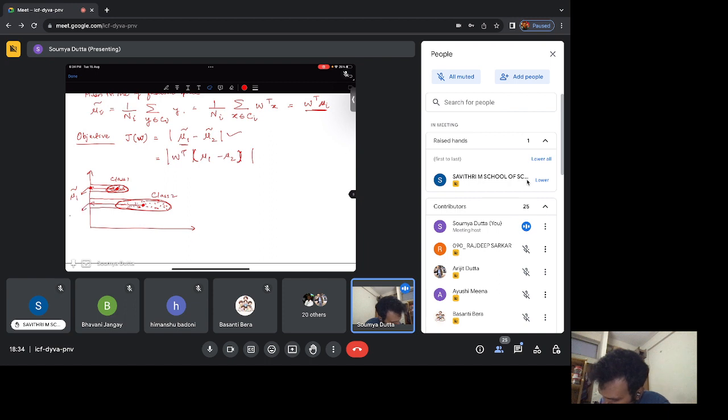So this becomes your mu2 bar. Now this happens when you project on the y-axis. Now let's say you project on the x-axis. Then all these points come down here, and your mean gets projected here. So now this is mu1 bar, and this gets projected here, and this is your mu2 bar.